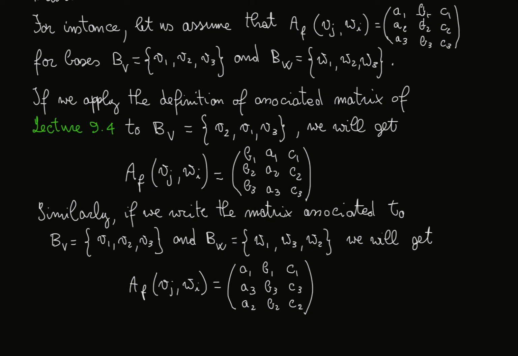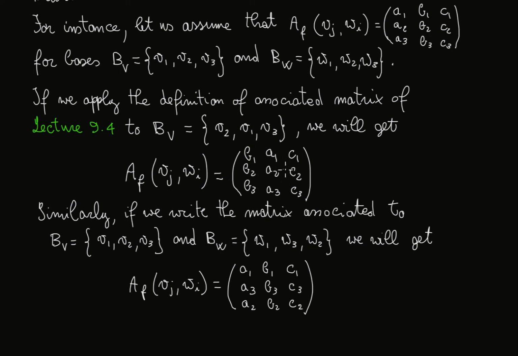And this is precisely the second column of this matrix. Therefore, switching the first two vectors in the sorting of BV will imply that the associated matrix will have the first two columns switched.